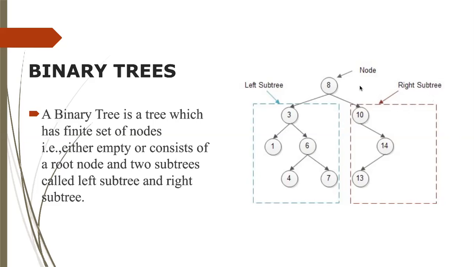The root: if the tree is not empty, the first node in the tree is called the root node. The left subtree is a tree connected to the left side of the root node. Since it comes towards the left of the root, it is called the left subtree. The right subtree is connected to the right side of the root node. Since it comes towards the right, it is called the right subtree.